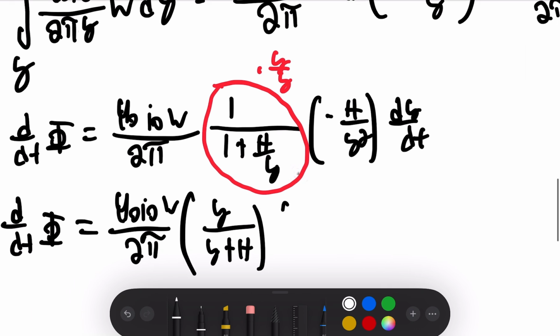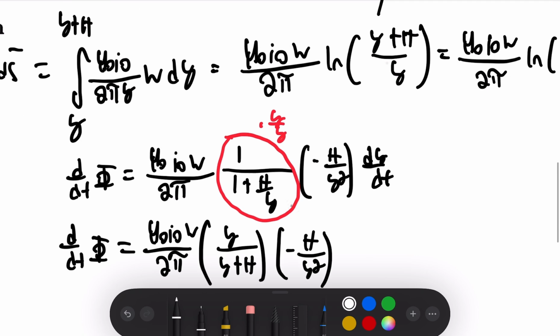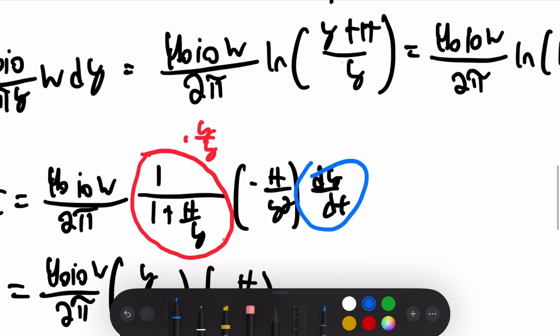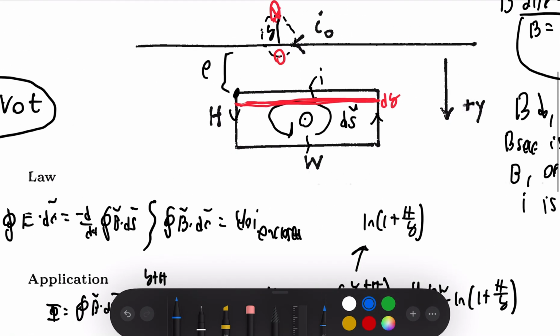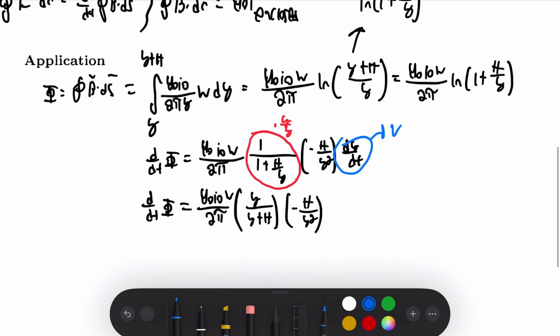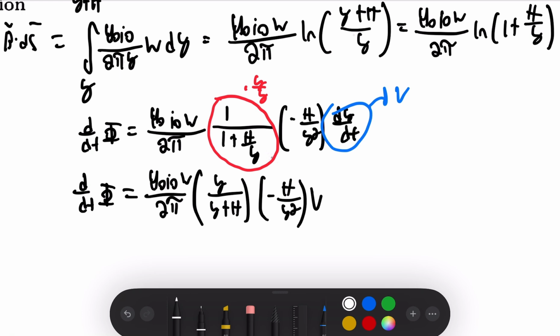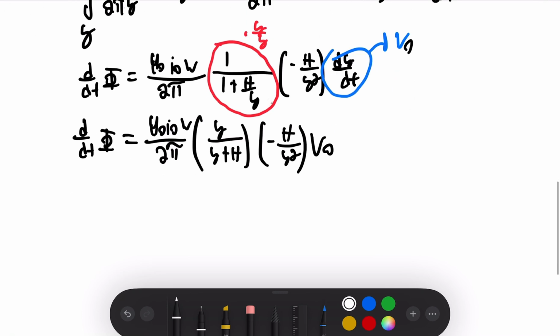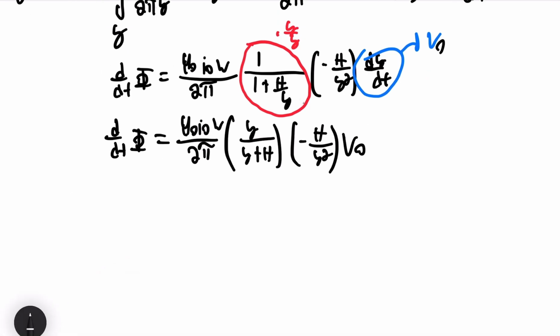And then I'm left with negative h over y squared. And dy/dt is the same as if it was dx/dt, so it's just velocity. And since velocity is going down in the positive direction, it's just positive v, or v naught, that's what it was. So now I'm almost done.